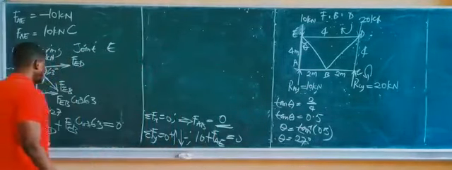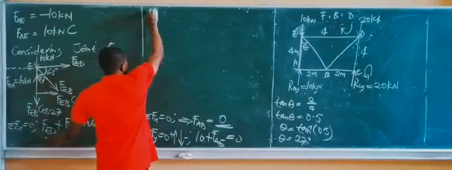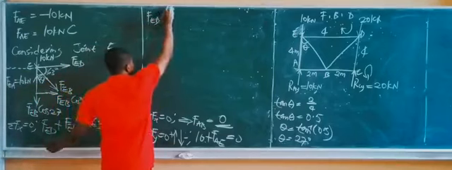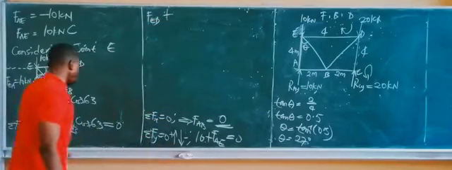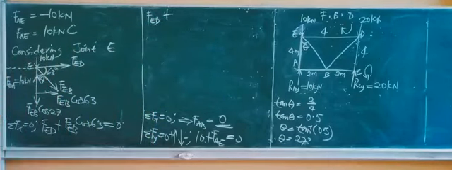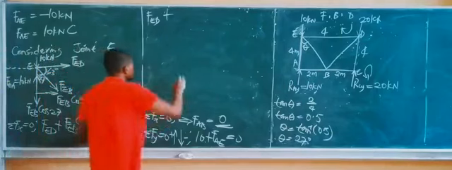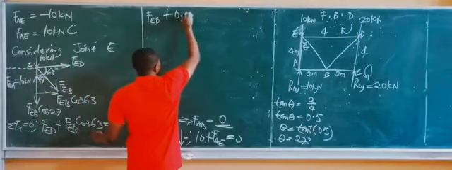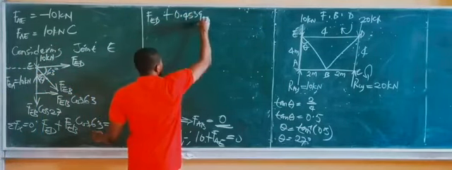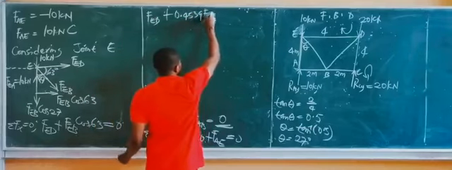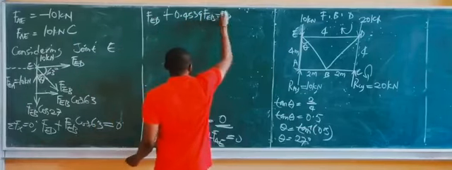So we simply have FEB, plus cos 63 is what? Cos 63 is 0.4539. So cos 63 is simply 0.4539 FEB, and this is equal to 0.